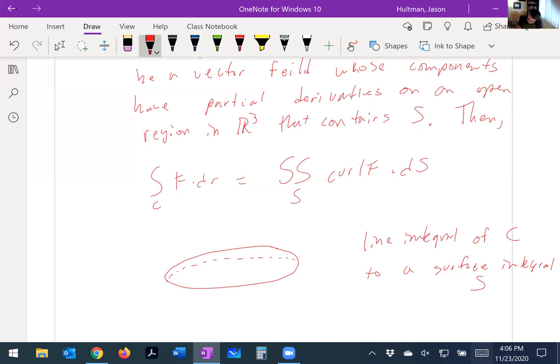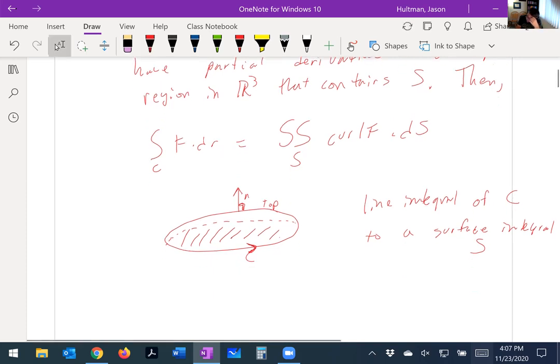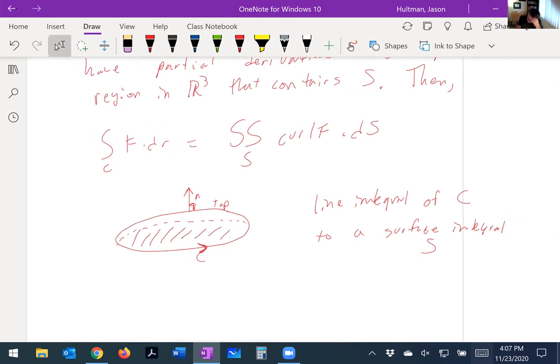Here's my surface with C, positively oriented surface. This is the top, and this is n, my normal vector. Line integral of C to a surface integral of S.